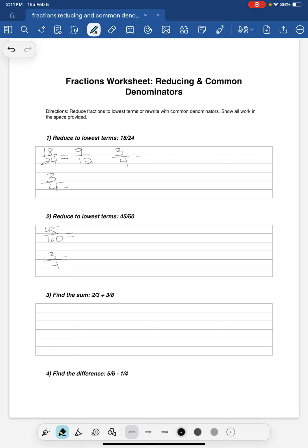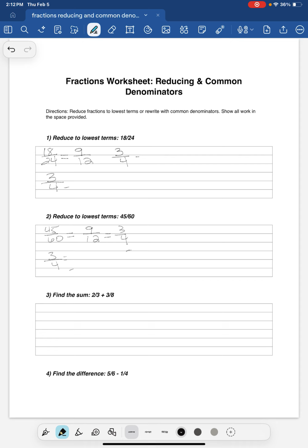We see 5 and 0, and we know that any number that ends in a 5 or a 0 is divisible evenly by 5. So if you divide 45 by 5, you get 9. If you divide 60 by 5, you get 12. So we're right back where we were up here, and again, we get 3/4. So that is just a real brief explanation on reducing to lowest terms.